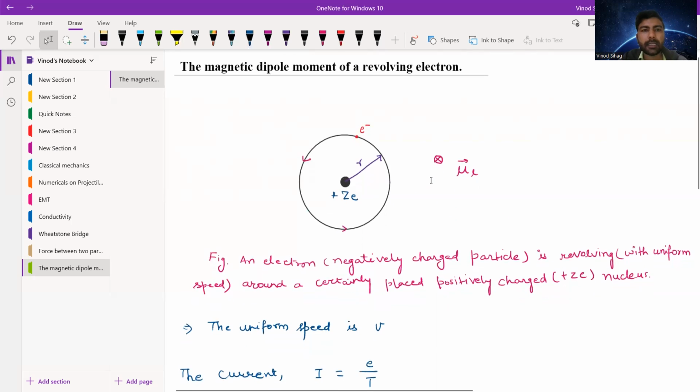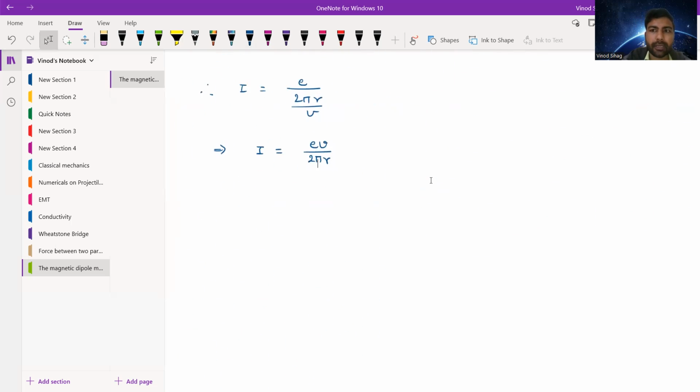Now the one thing that we are going to find out is the magnetic moment. Here we are going to take the magnitude. Actually the magnetic moment is, let me write, mu L equals I into A vector.